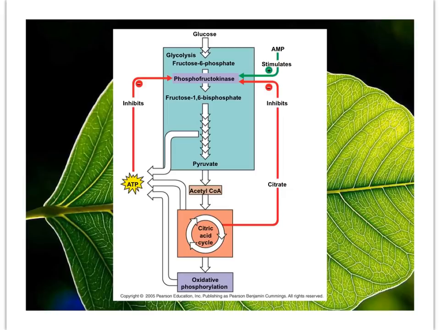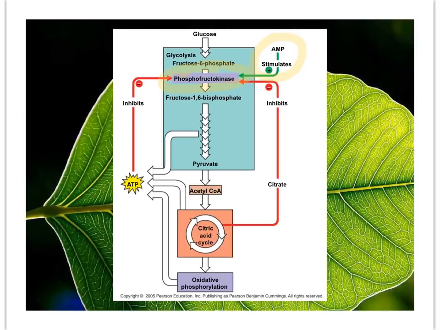All right, so this slide here is a good example. What ends up happening is this. If you take a look here, this enzyme, phosphofructokinase, is important in glycolysis. It kind of gets everything going. The idea is if we have AMP, that's going to really stimulate it. Well, why would AMP?